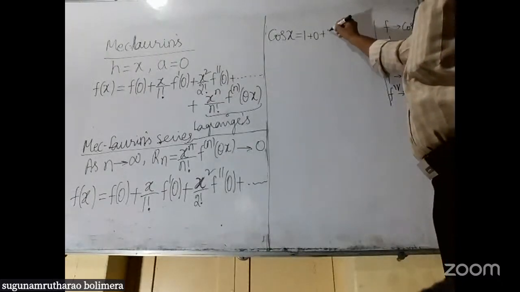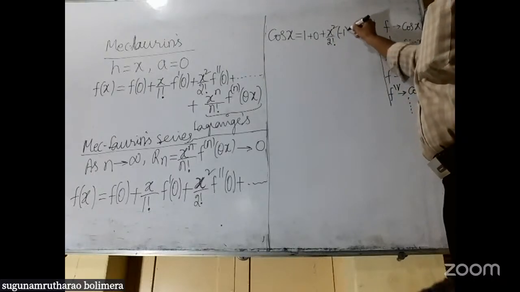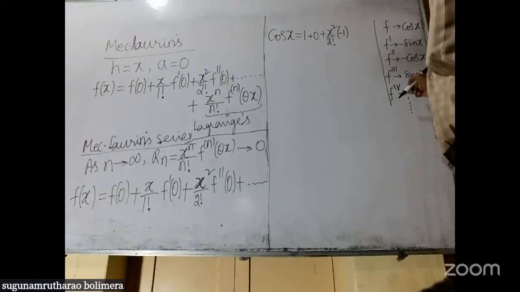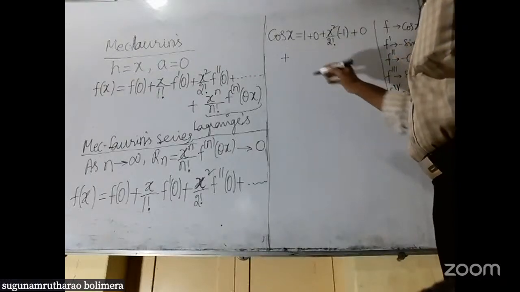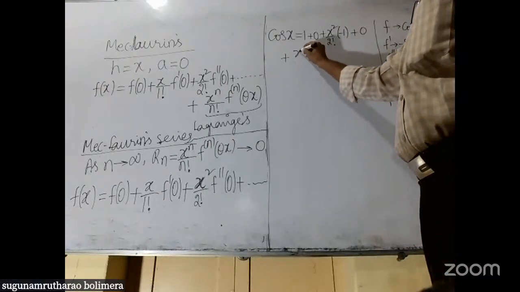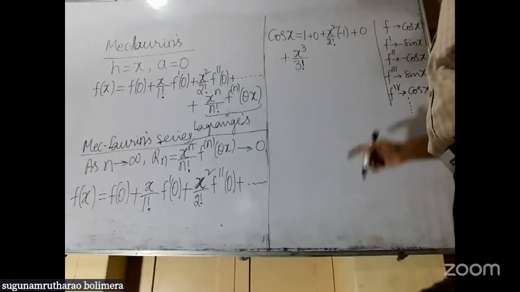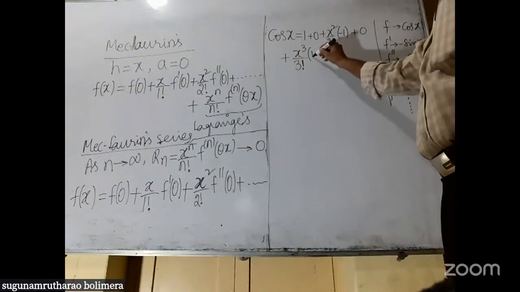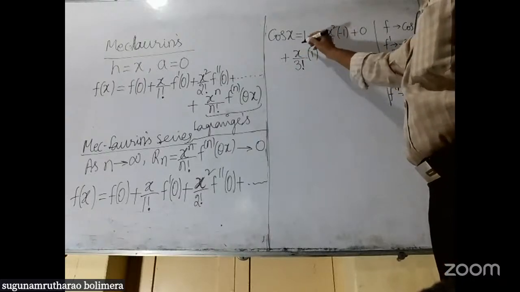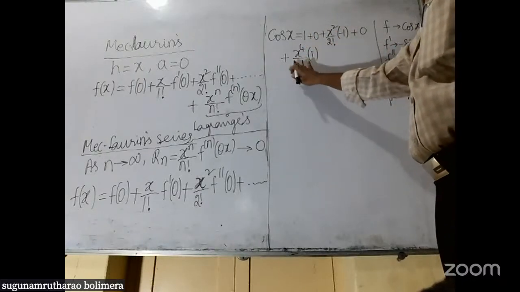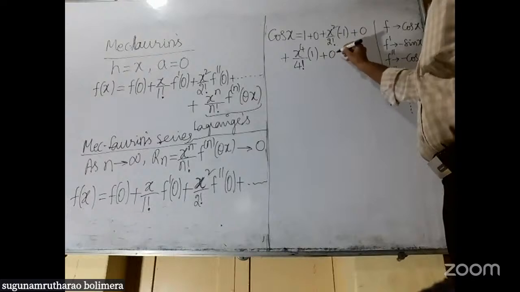So x squared by 2 factorial into minus 1. F triple dash 0 is 0, plus x cube by 3 factorial. Okay, the fourth derivative at 0 is 1, x power 4 by 4 factorial. Next one will be 0.